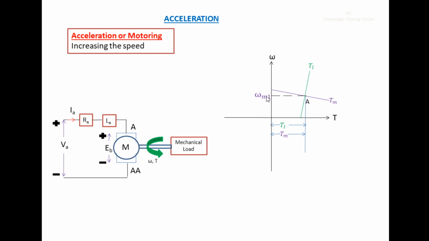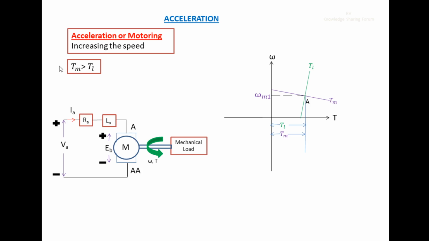Now we want to increase the speed from omega m1 to somewhere here called omega m2. If you are able to increase the speed from omega m1 to somewhere here, that is known as acceleration. Now our question is how to increase this speed. For that, your motor torque should be greater than the load torque.